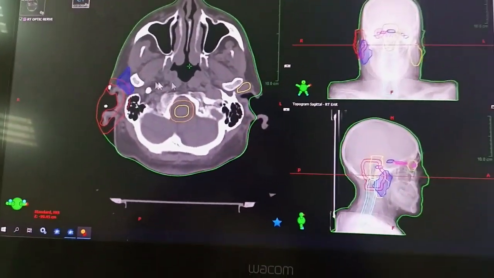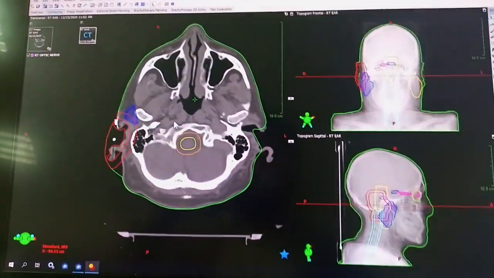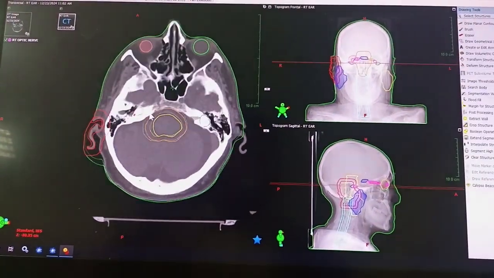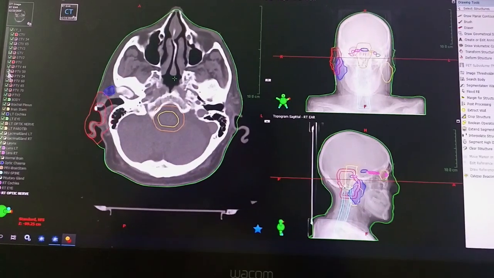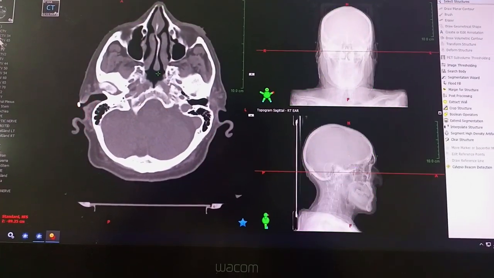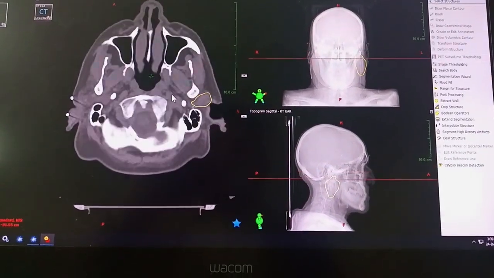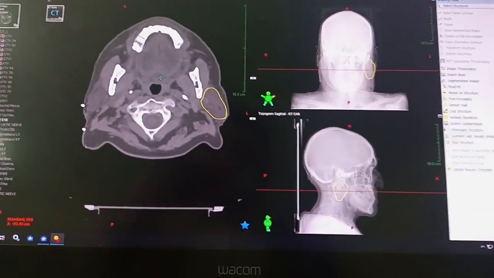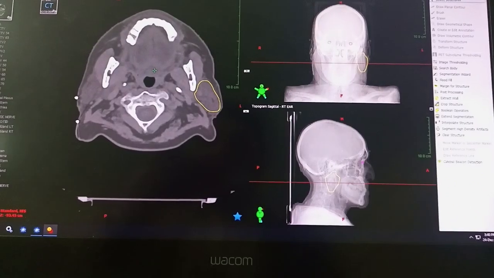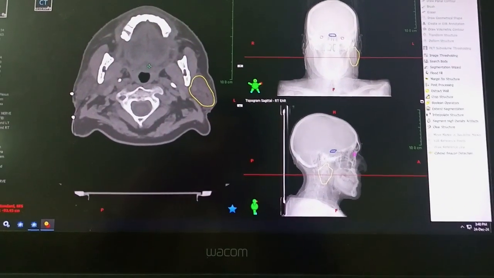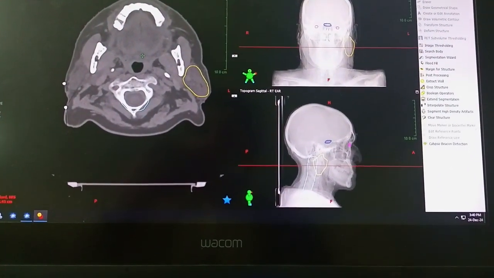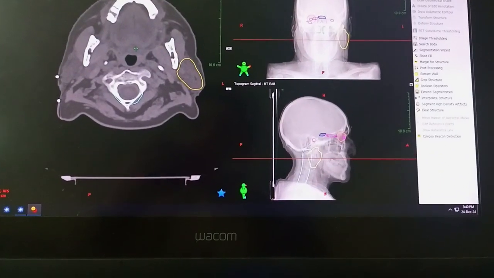So how did we contour it? We contoured first the left parotid and the right. So this is the left parotid of the patient, then the right parotid gland, the eye lenses, the optic chiasm, the brainstem, cochlea, the eyes.